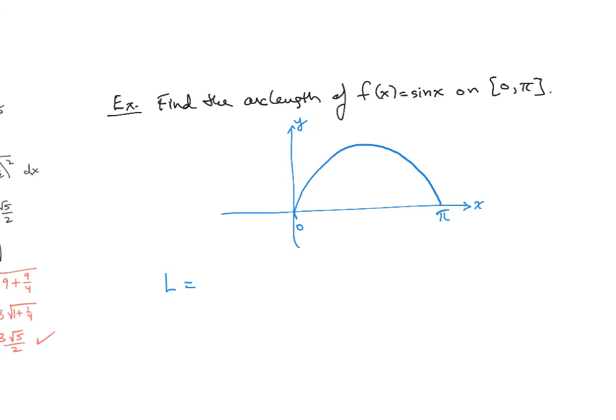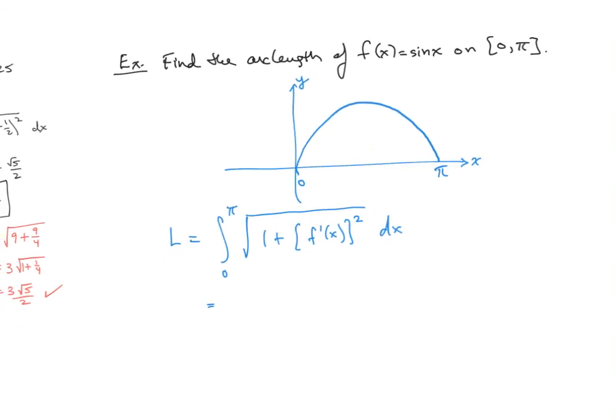The arc length is just the integral from 0 to pi of the square root of 1 plus the derivative of our function squared with respect to x. And in our example here, we get the integral from 0 to pi, the derivative of sine is cosine, so we get the square root of 1 plus cosine squared dx.